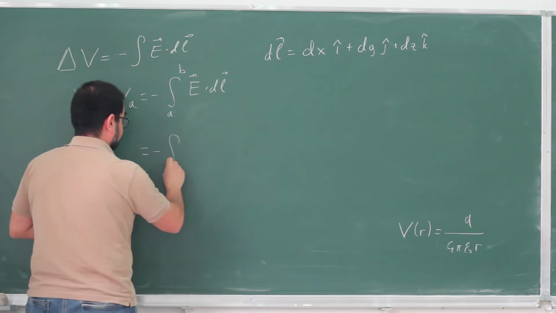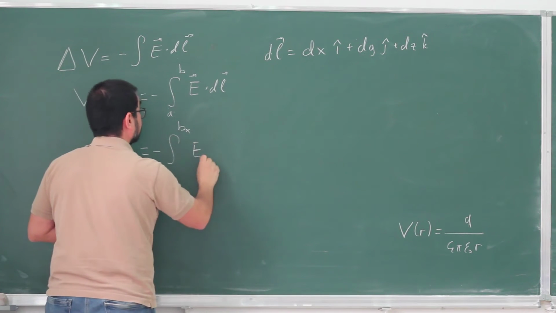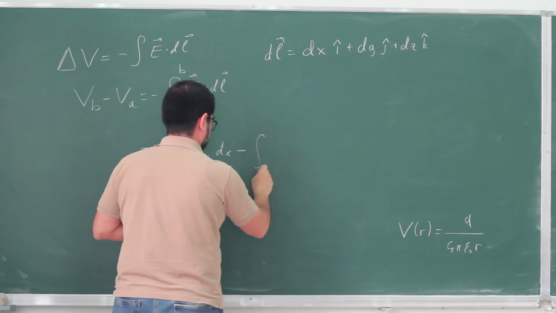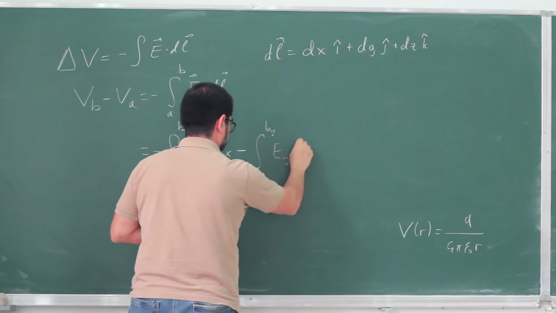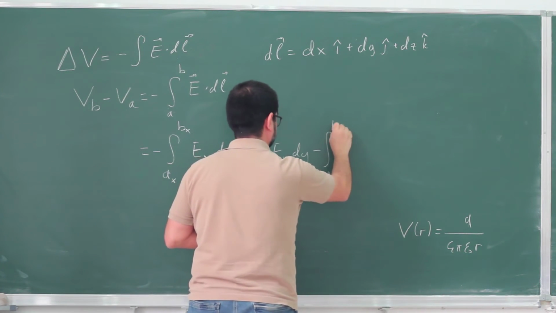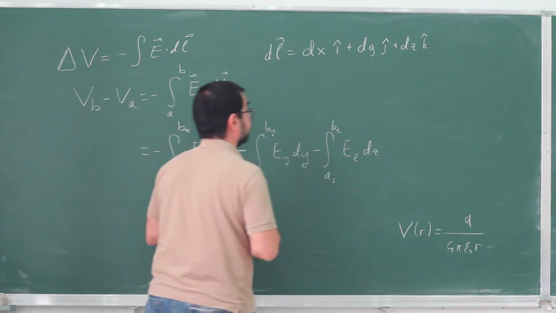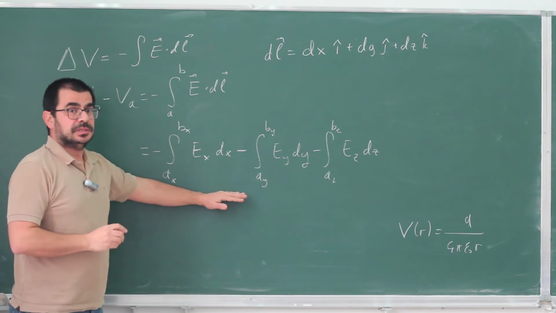So the x one is going to correspond to from ax to bx, Ex dx, minus Ey dy, minus Ez dz. Okay? Now I'm saying that this must be the correct expression.